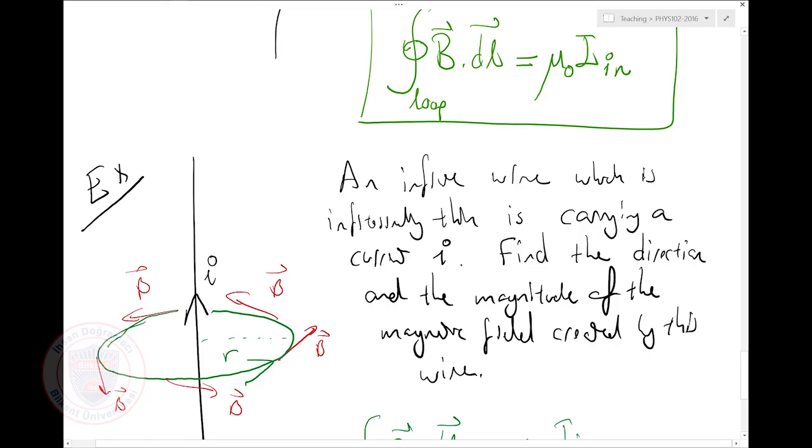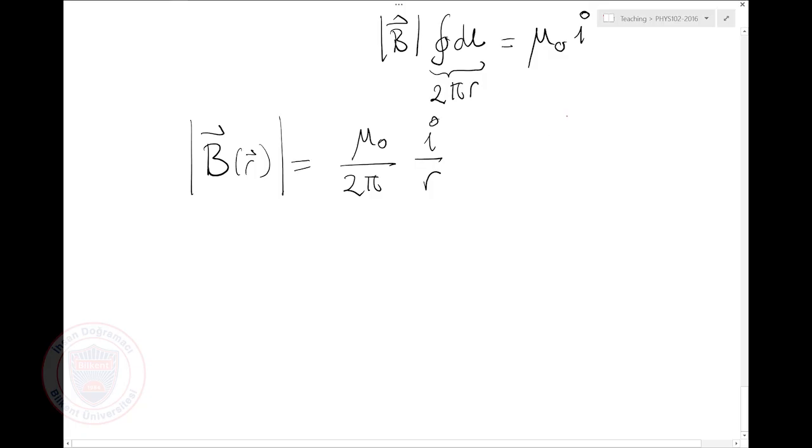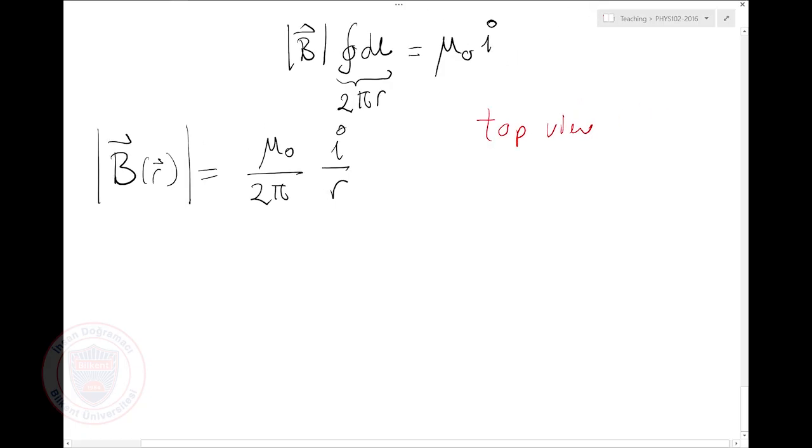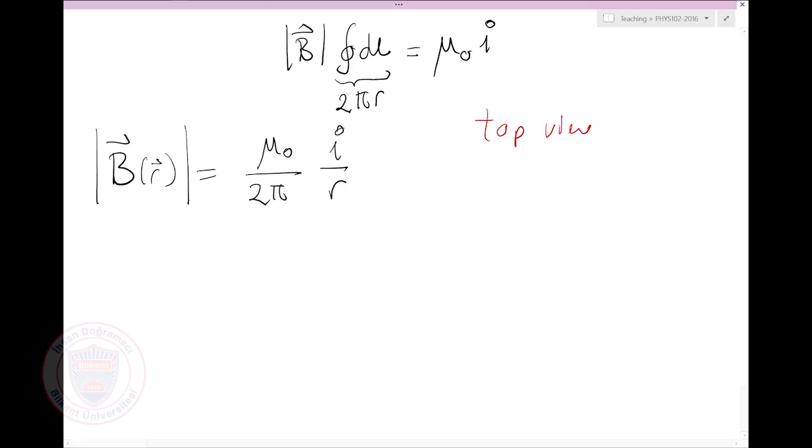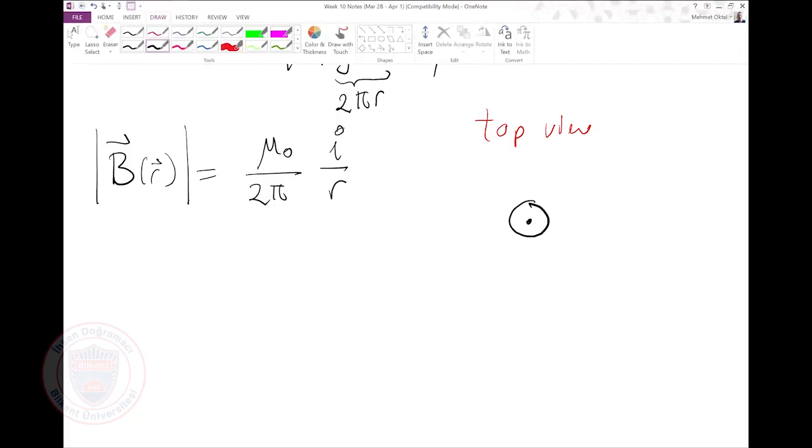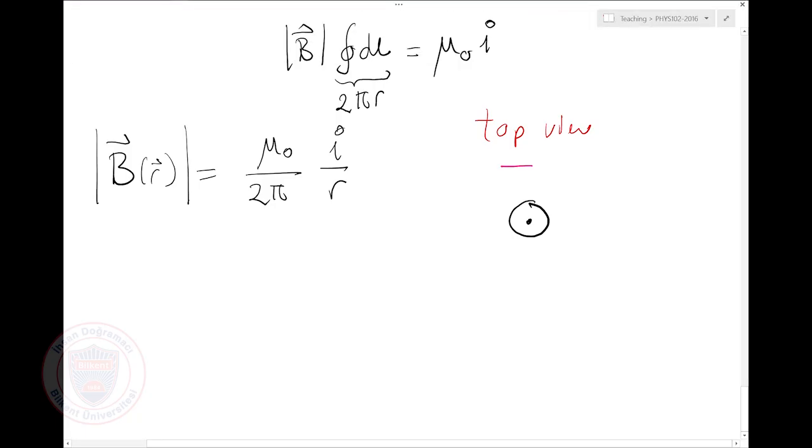So if I look at the system from the top, if the current is coming towards me, the magnetic field is basically encircling it in the positive sense.